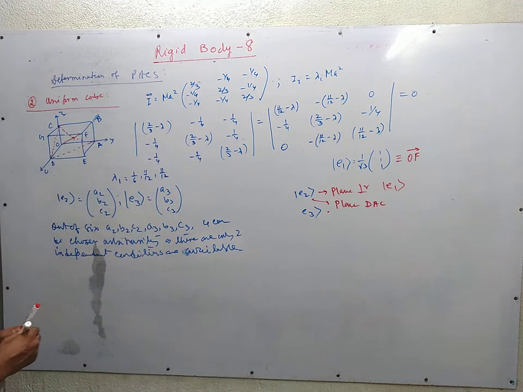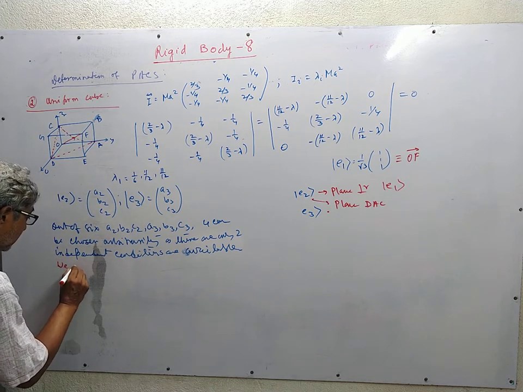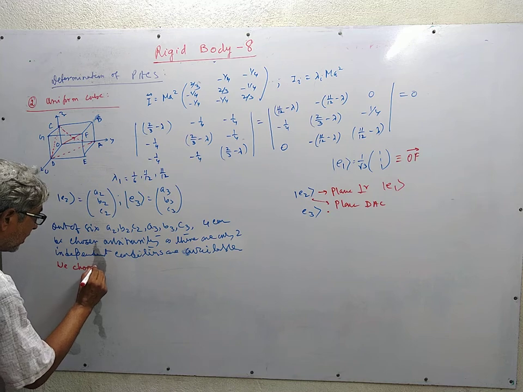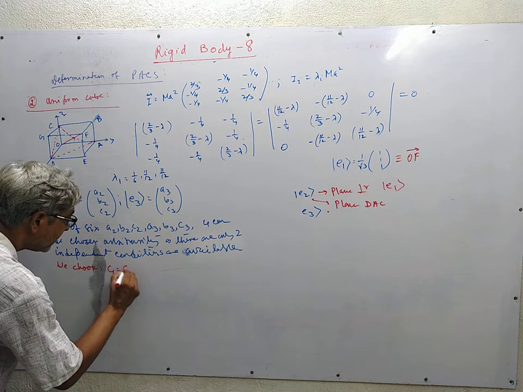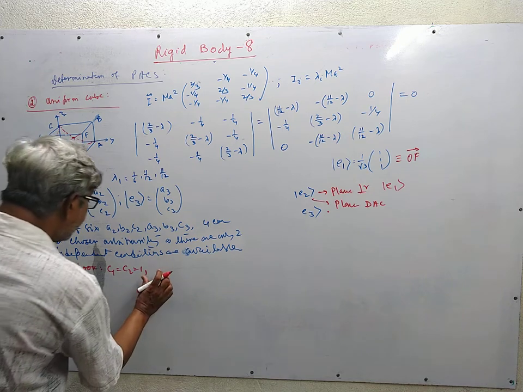We make our choices: C2 is equal to C3 is equal to 1 and A3 is equal to B2.